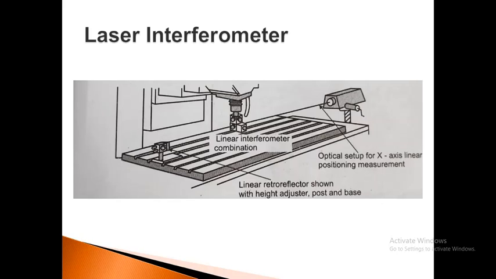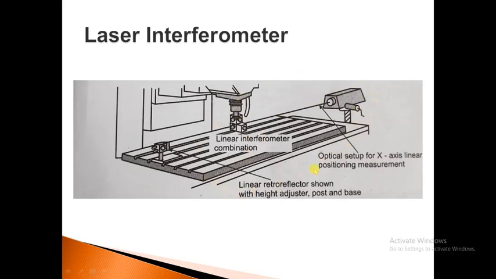Where these laser interferometers can be used: here you can see the calibration optical setup. Here is the calibration of the x-axis linear table displacement of a vertical spindle milling machine.